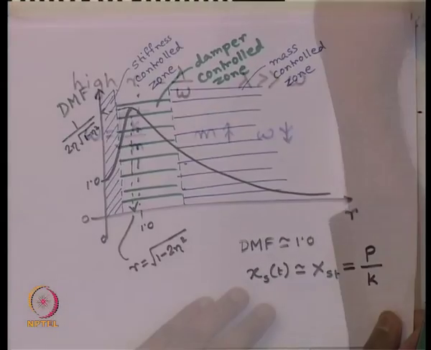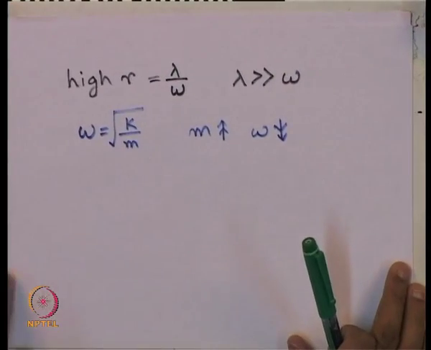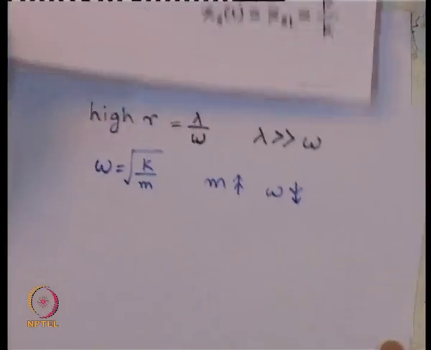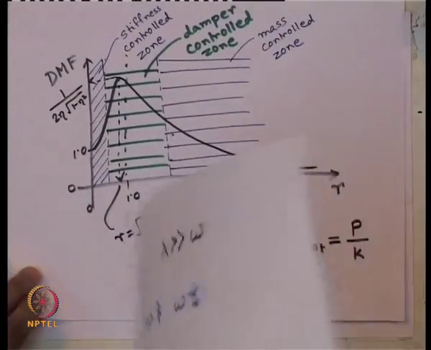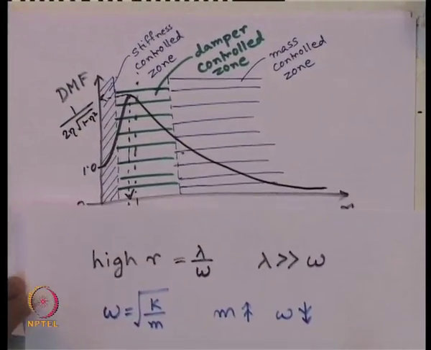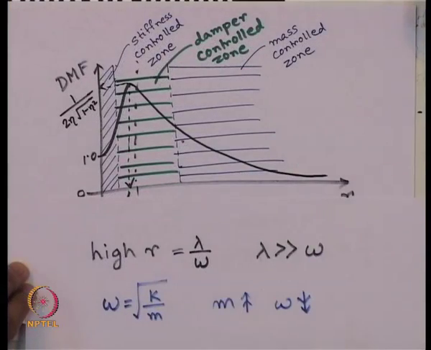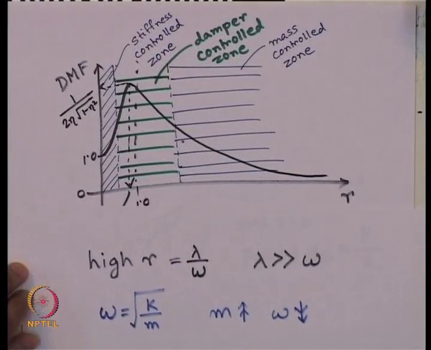Now, coming back to the mass controlled zone, let me give you the physical significance of the mass controlled zone. Let me keep this picture as well and this expression. So, for the mass controlled zone, as I said, for high value of R, I need lambda to be very much higher than the natural frequency omega, and for getting a very low value of omega, we have to increase the mass.